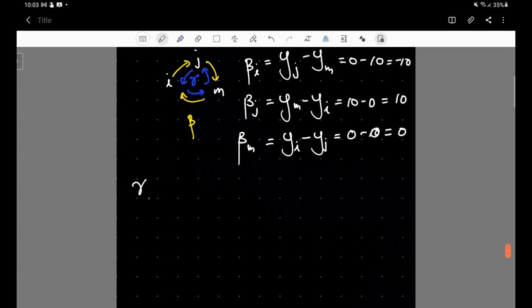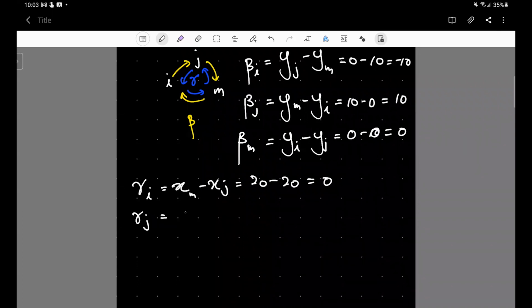Gamma terms. Gamma I is related now to x terms, in the anti-clockwise direction. So it should be expressed in terms of m and j: Xm minus Xj, 20 minus 20, 0.